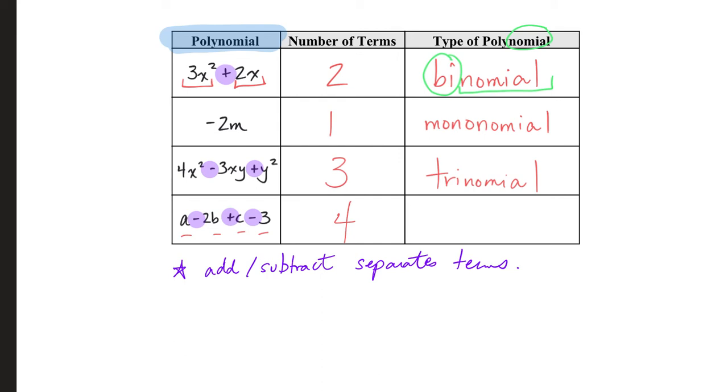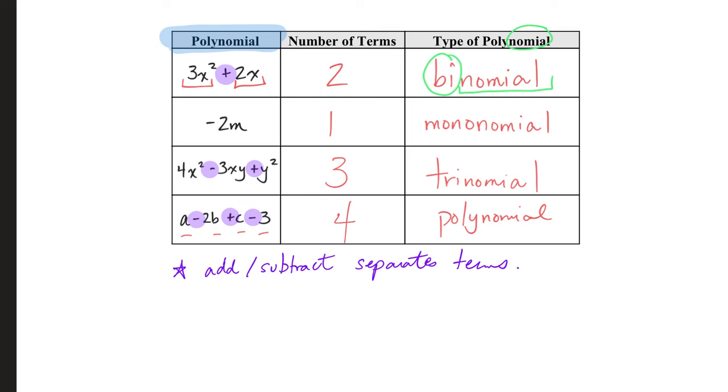And actually it's not. Once we get above trinomial, we actually stop grouping polynomials by the number of terms they have. And we just use the term polynomial to represent all expressions with more than 3 terms. We don't specify and break it down.